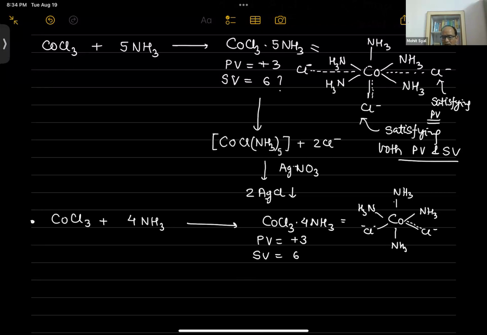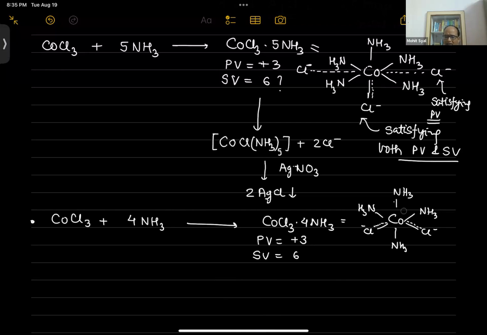One is through the solid line, another through the dotted line, solid line as well as the dotted line together. So this represents that 2 of the Cl minus ions are connected to the cobalt through primary and secondary valencies both together. Means they are connected by covalent bond. They are also satisfying the charge of the cobalt because they are themselves negatively charged.